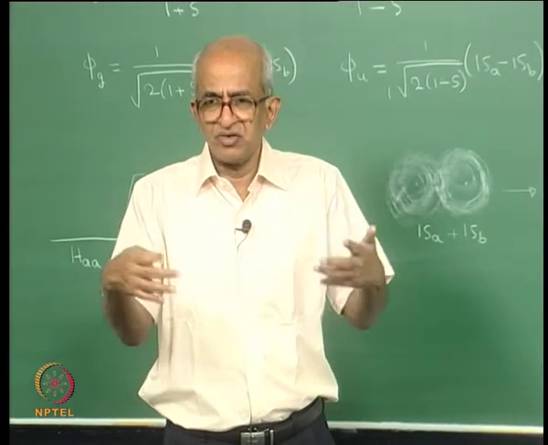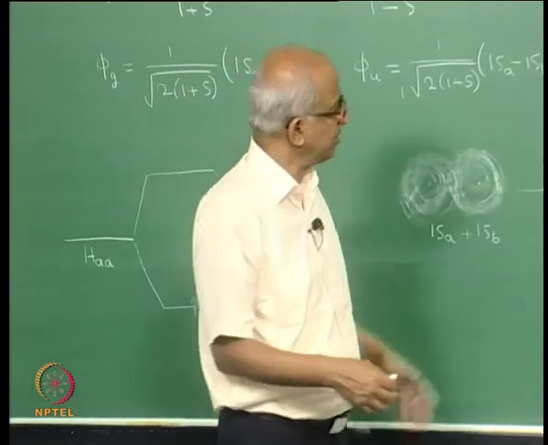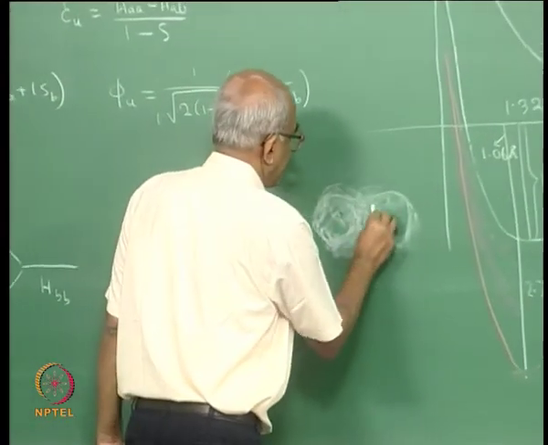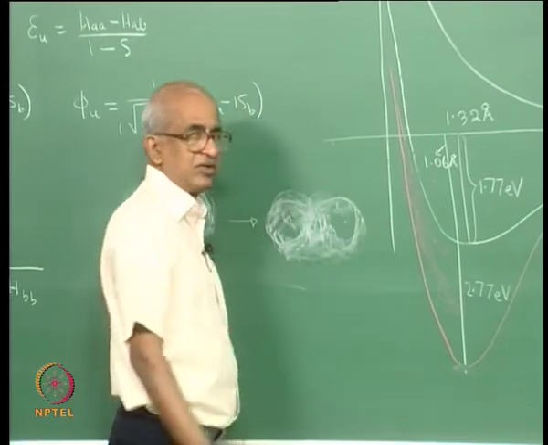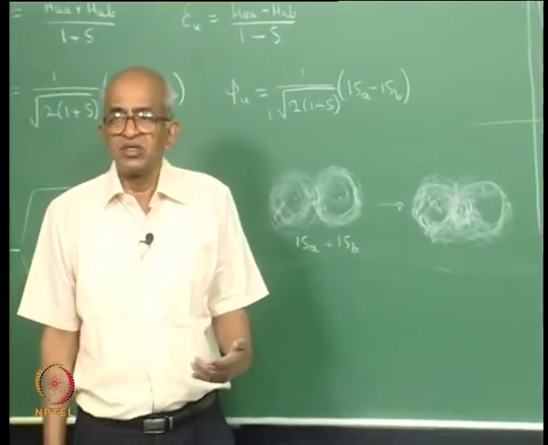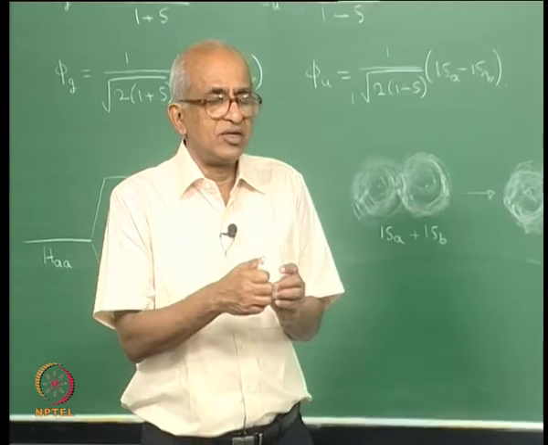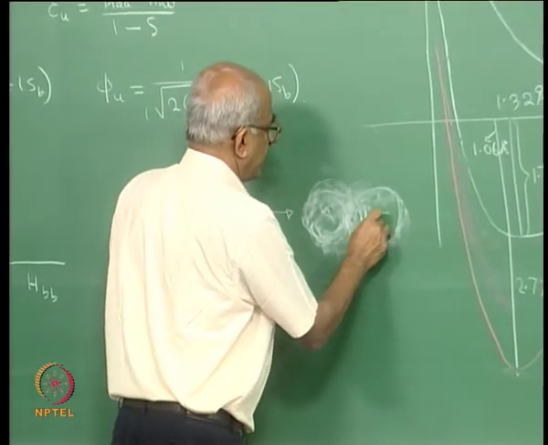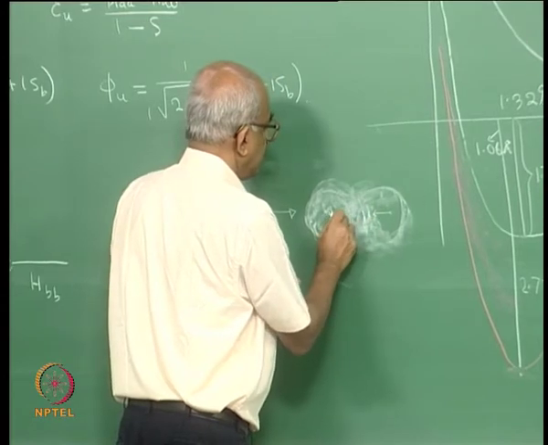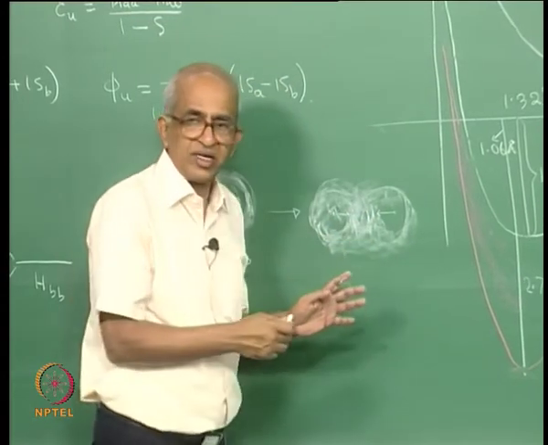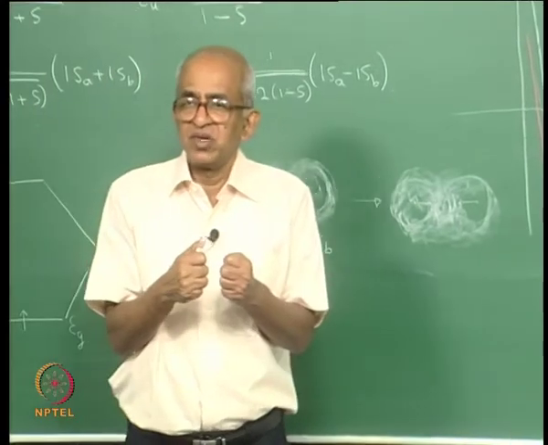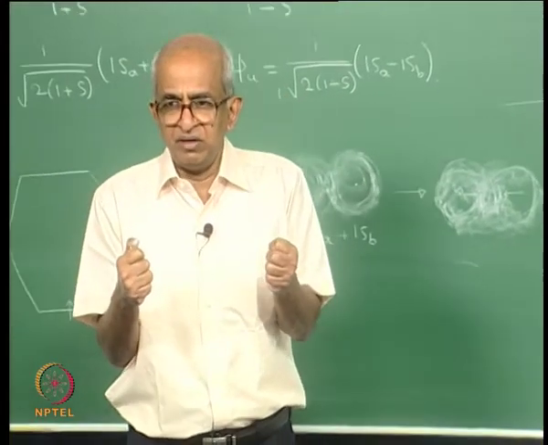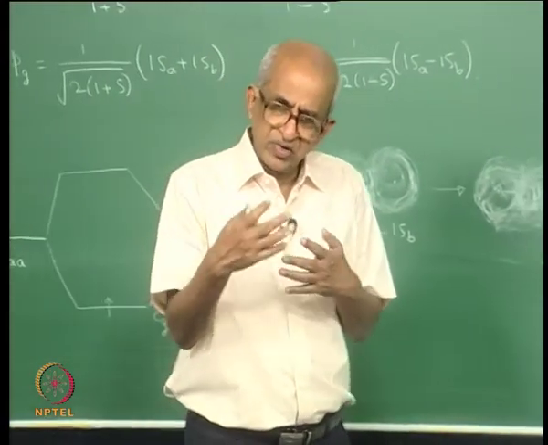A large percentage of time it will be in the internuclear region, and therefore, we say that there is an accumulation of electron density in the internuclear region, and that is nice, because if you have electron density in the internuclear region, what will happen? This nucleus is attracted towards that electron density, this also is attracted towards that electron density, and therefore, the system remains as one molecule. You can put it in a different fashion.